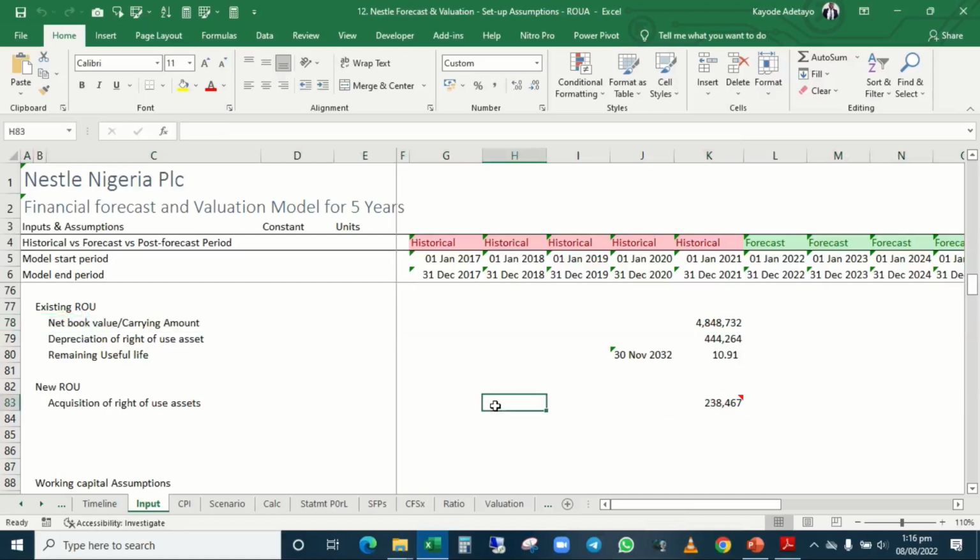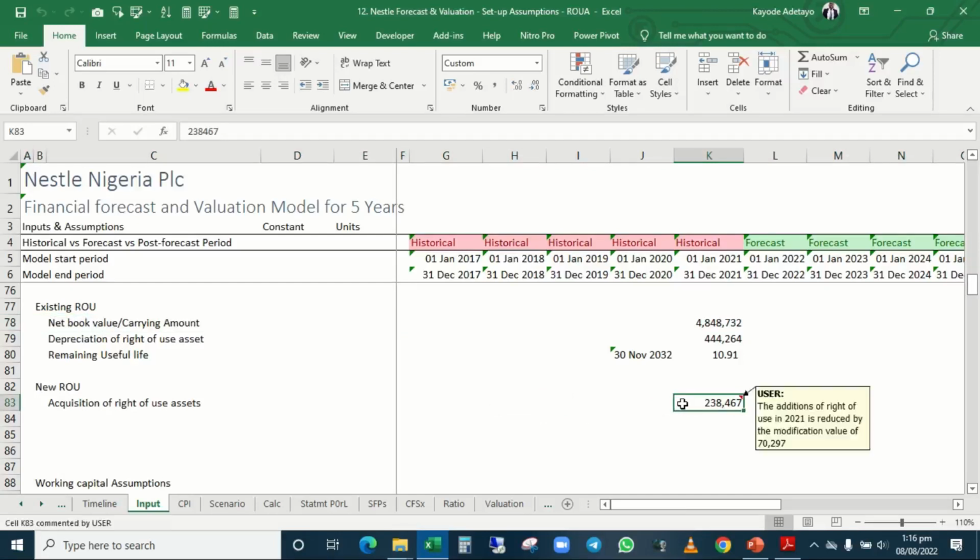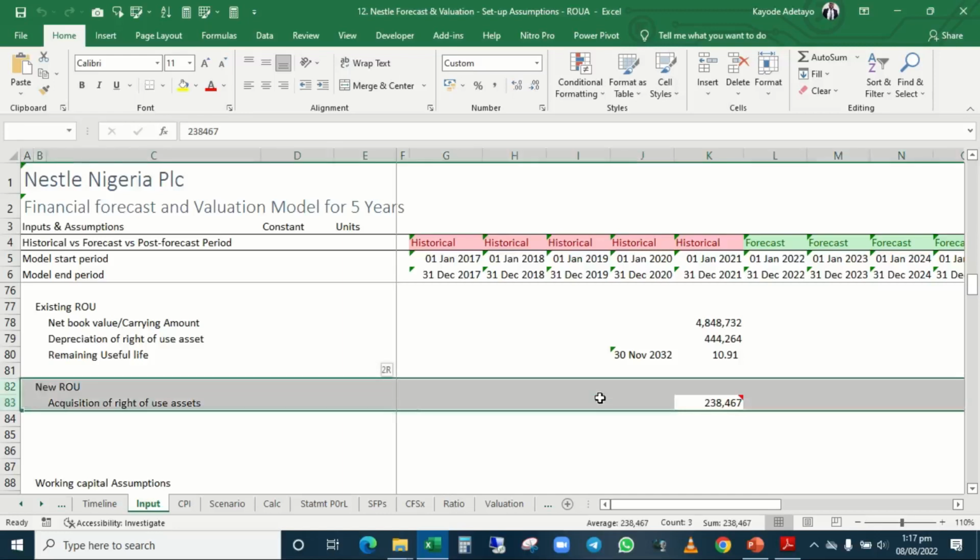All right. So talking about the new acquisition of right of use assets. This is the new acquisition they had in 2021. But that's not to say this acquisition is going to continue going forward. Because we are not privy to that information, we may not forecast a new addition for right of use assets, because a new addition means there's going to be a new lease contract entered into.